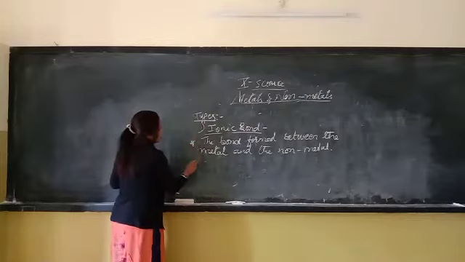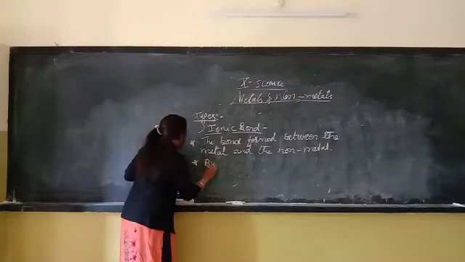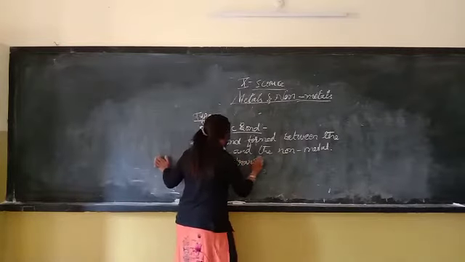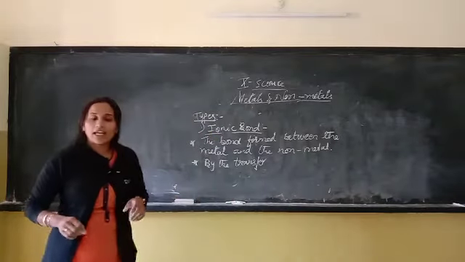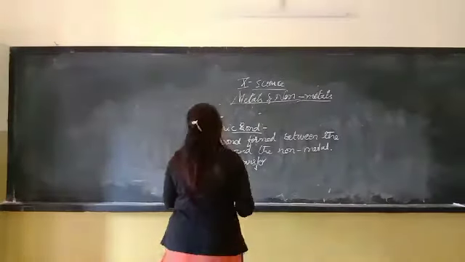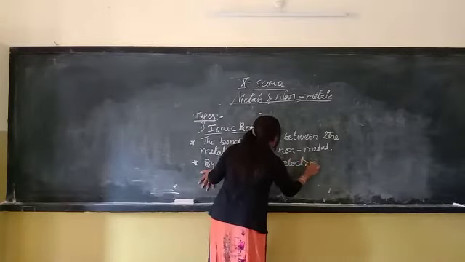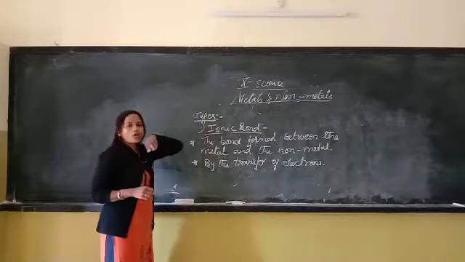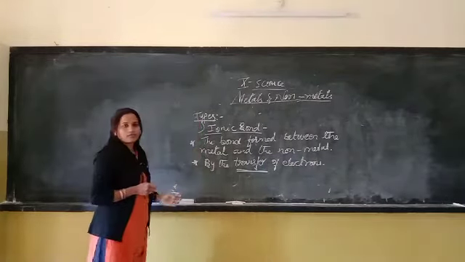So how do these ionic bonds take place? By the transfer of electrons. By the transfer of electrons, this ionic bond is formed.